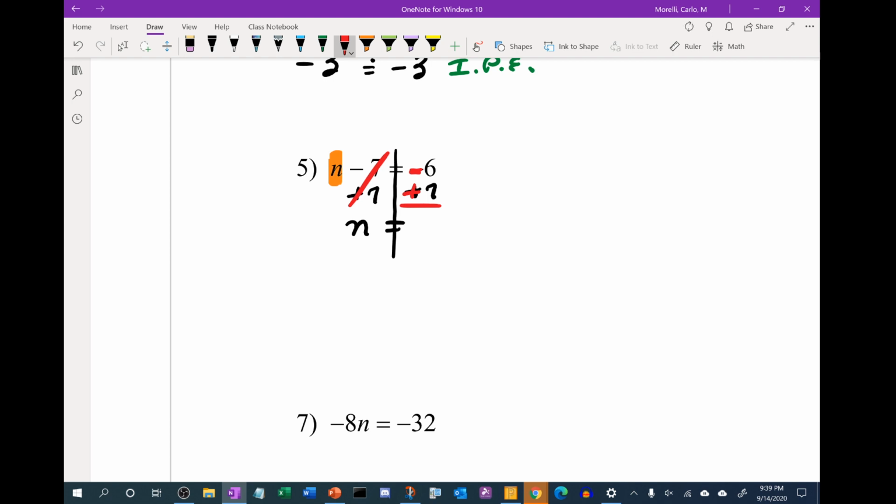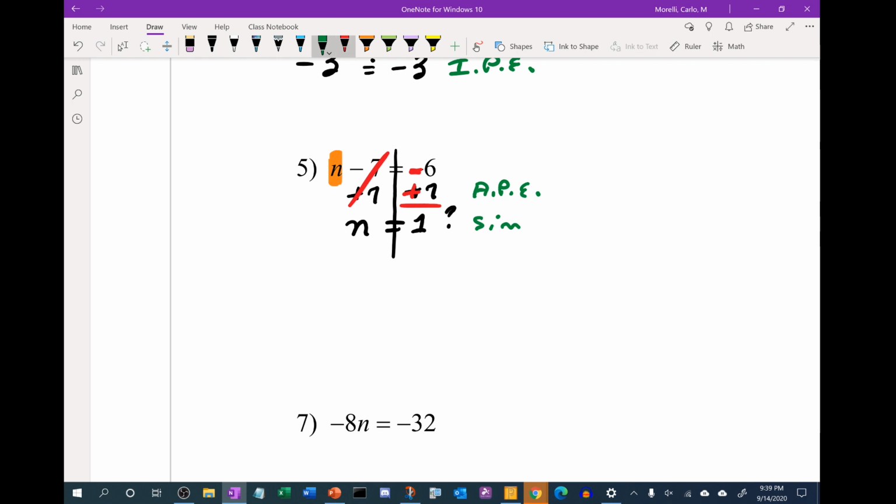Negative 6 plus 7 is positive 1. So n equals 1. It's really, we don't know. All right, is this true? If n equals 1, is the equation n minus 7 equal to negative 6? Is it true? So we're going to ask that question now here in our check. Oh, and I got to justify. So this is the addition property of equality and then simplification.